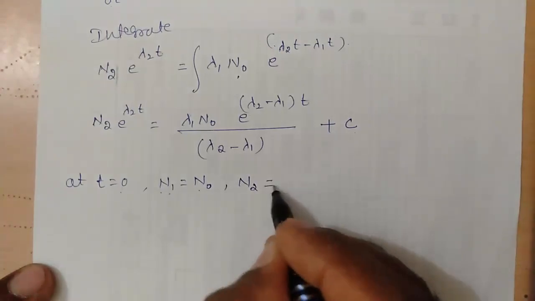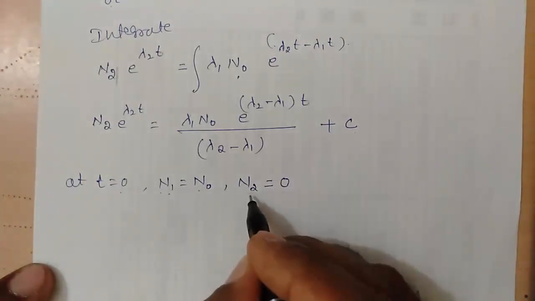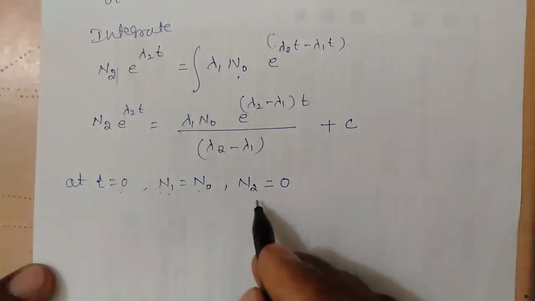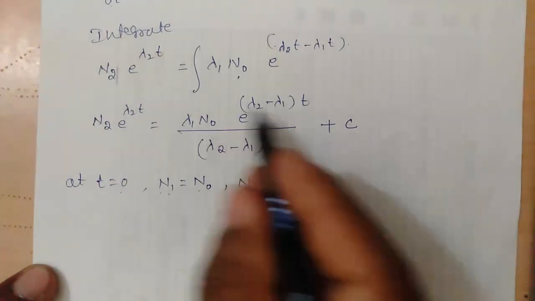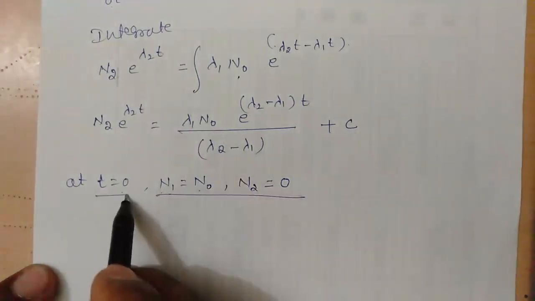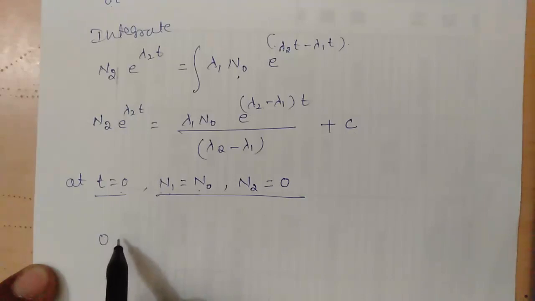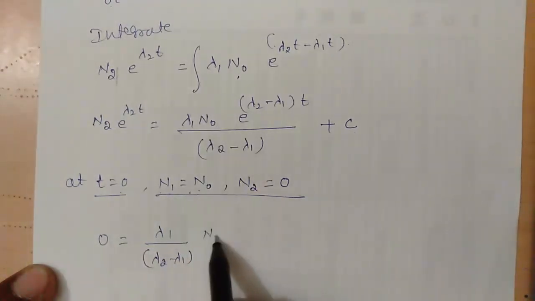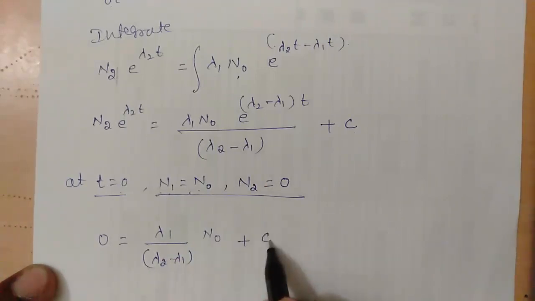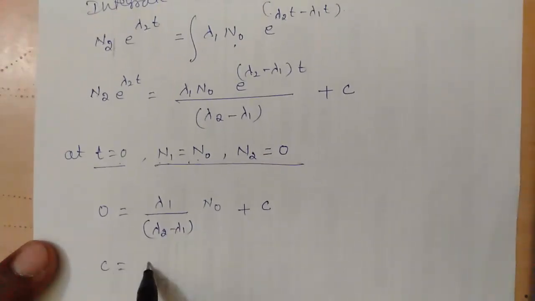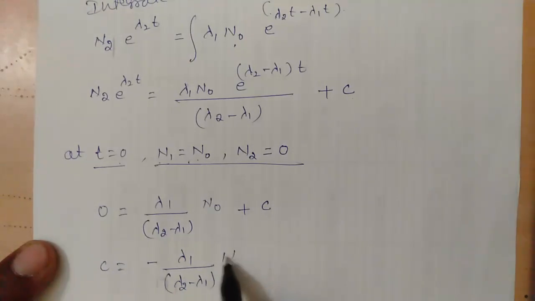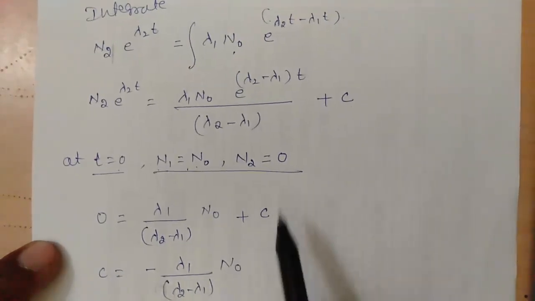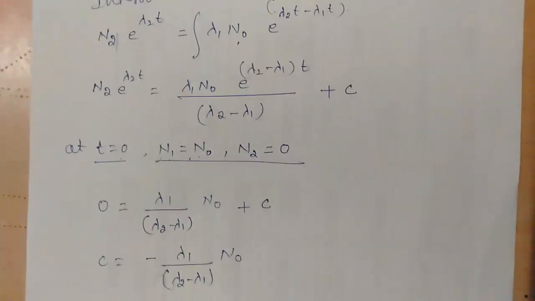In element B there were no atoms, because N2 is the number of atoms present in element B. So at t equal to 0, N2 is 0. Substituting these conditions, we get 0 equal to λ1 N0 divided by (λ2 − λ1) plus C, or C is equal to minus λ1 N0 divided by (λ2 − λ1), because e to the power 0 is 1.